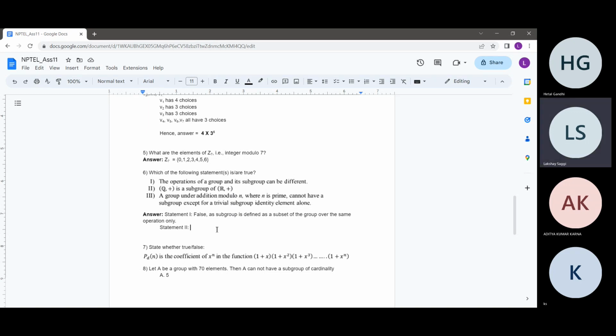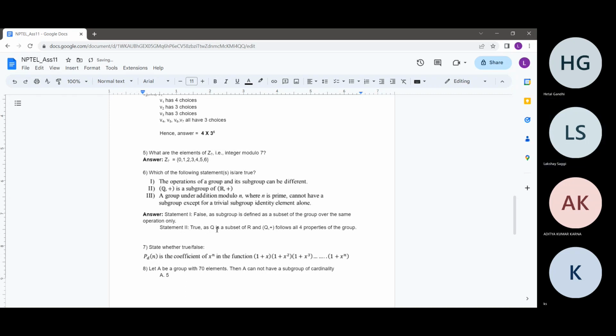So yeah, it is a subgroup. True, as Q is a subset of R and Q comma plus follows all four properties of the group.